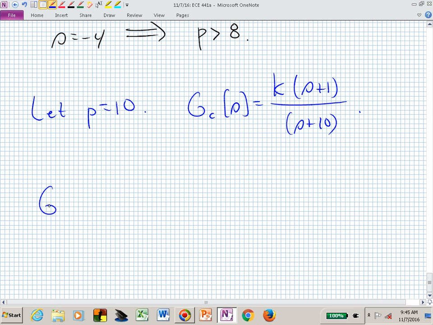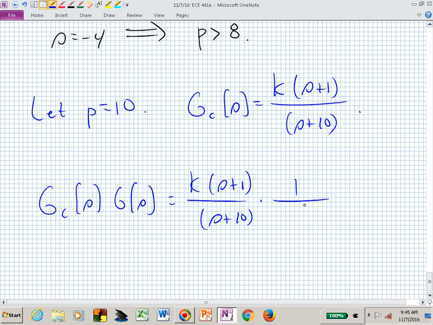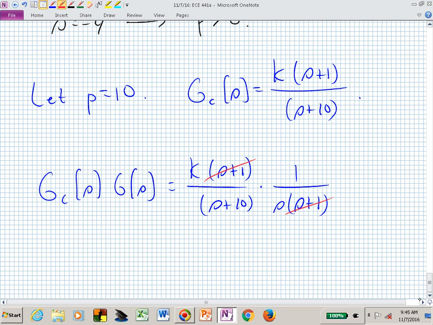What we have is this combination of controller and plant, which is now K, s plus 1 over s plus 10 times 1 over s, s plus 1. And now those two factors cancel, and we effectively have 1 over s times s plus 10.